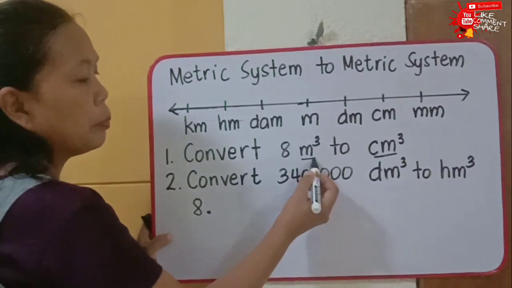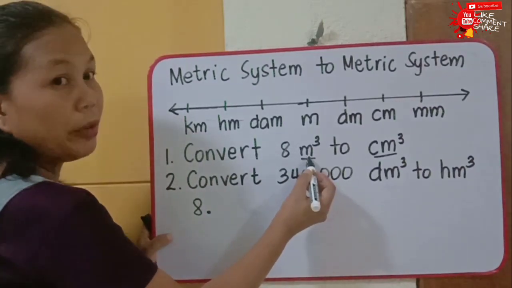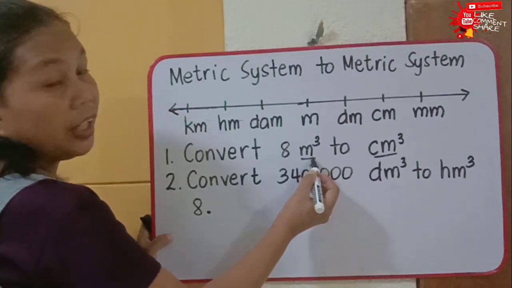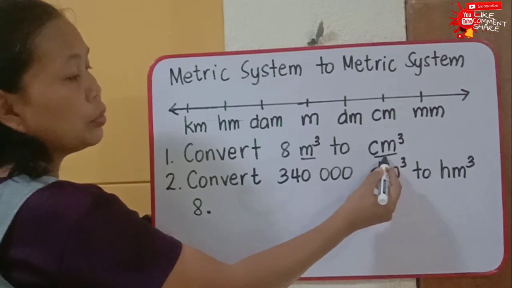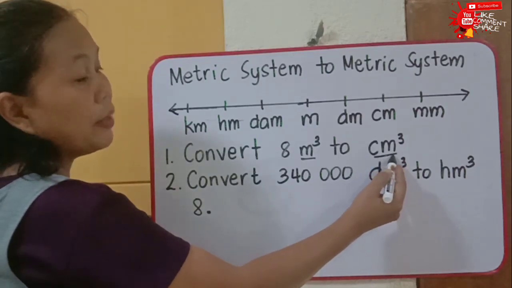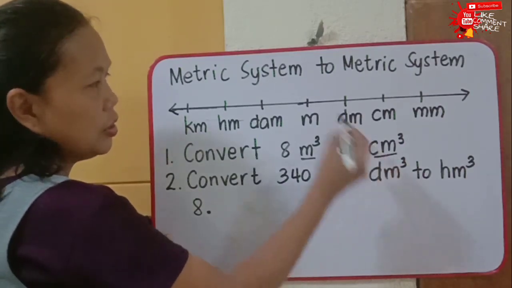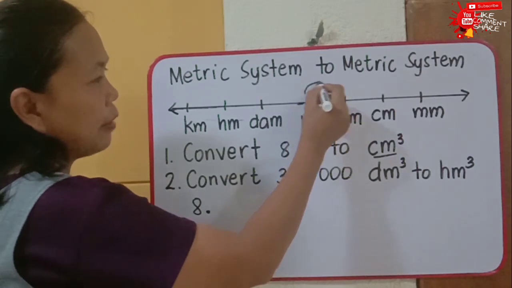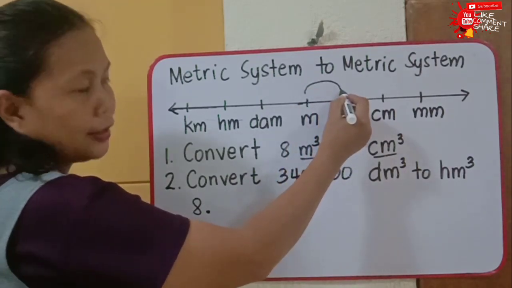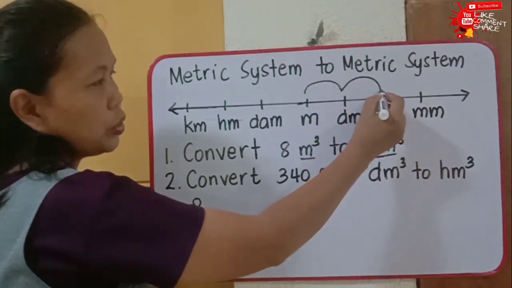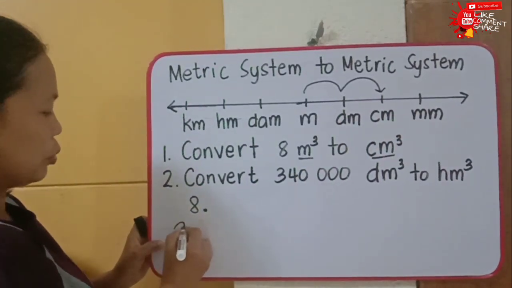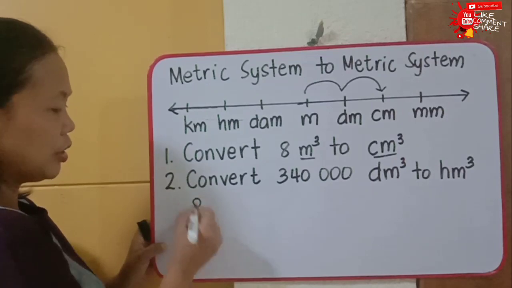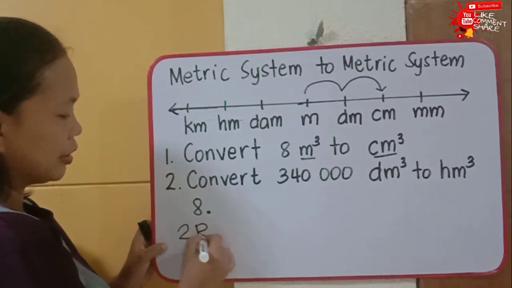Now, because this is cubic meter, we will count the number of spaces from meter to centimeter, because this is cubic centimeter. So from here, we count 1, 2. So we have 2 spaces to the right.